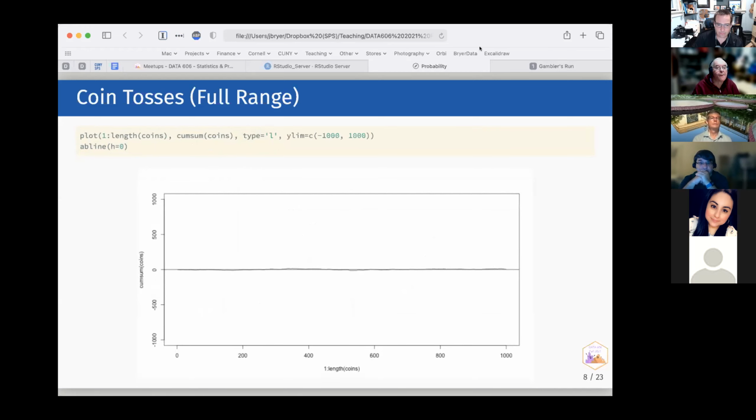So here, now I fix the y-axis to -1,000 to 1,000, right? So this is that notion of convergence. I mean, convergence is a very technical thing in terms of calculus. We talk about convergence and divergence, and we'll talk about that a little bit later when we talk about certain distributions and when we use distributions to actually get confidence or probabilities. But this is kind of what we mean, right?